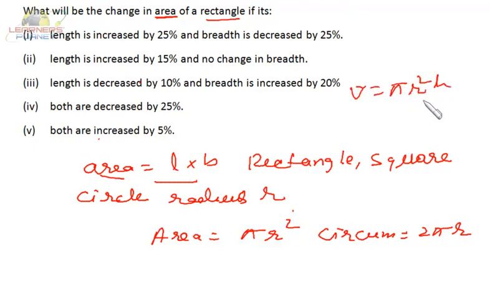That means there are 2 variables, that is the radius of the cylinder and height of the cylinder. So similarly various quantities are there in the mensuration topic. In all the cases, the very first step is to identify the formula and its variables. Let's take one example.